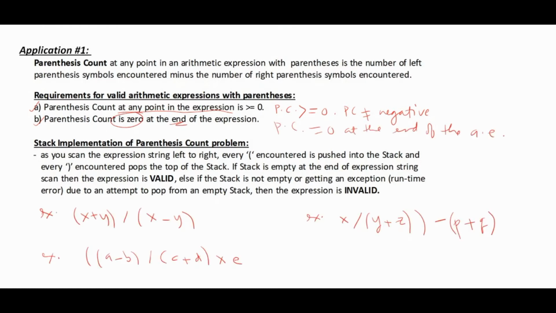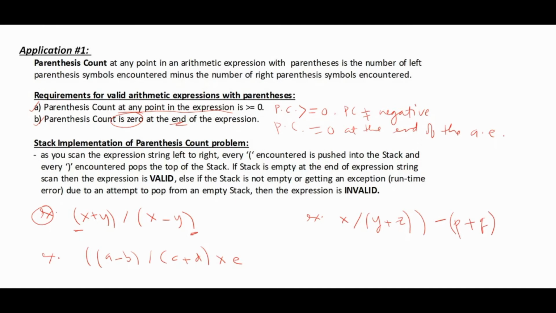Say for example, we have this arithmetic expression. This is the beginning of the arithmetic expression, the leftmost symbol, and this is the rightmost symbol. So as we scan the arithmetic expression from the leftmost symbol to the rightmost symbol, symbol by symbol, we are going to determine the parenthesis count at every symbol.